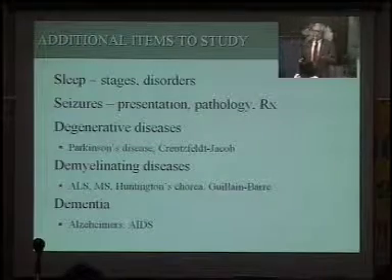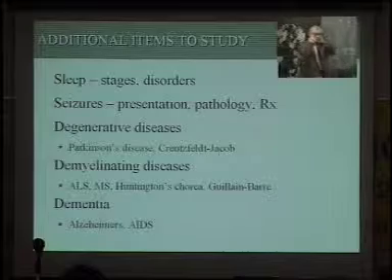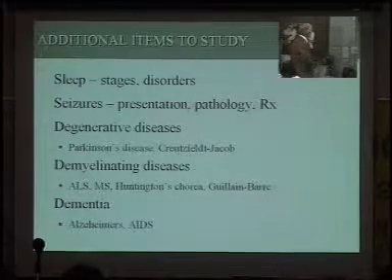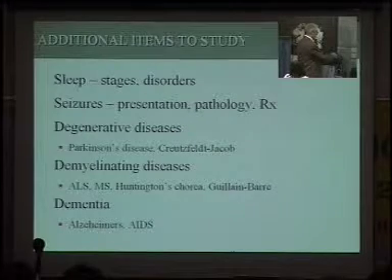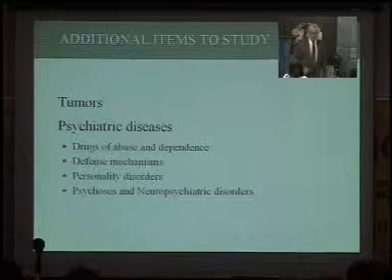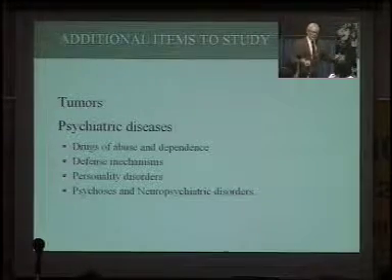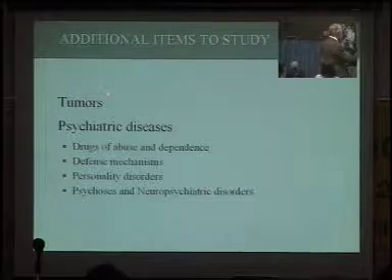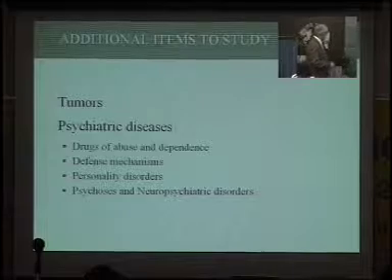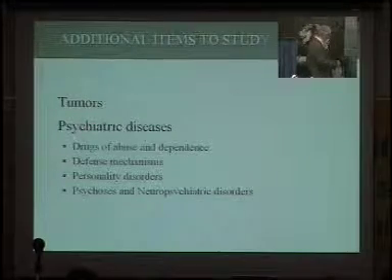We just don't have time to talk about all of those, but a lot of these will be on the exam, so you should review those. Dr. Paul Dofit will talk about some behavioral things, psychiatric diseases. There are also tumors in the central nervous system that are important. We're not going to talk about those, they will be covered tomorrow.